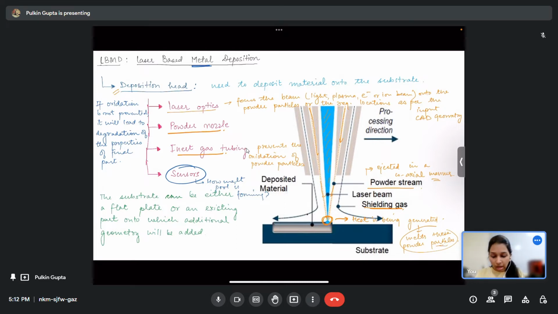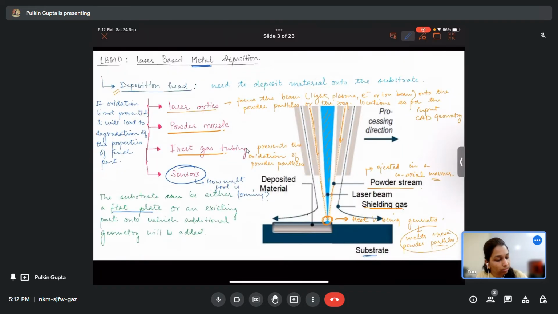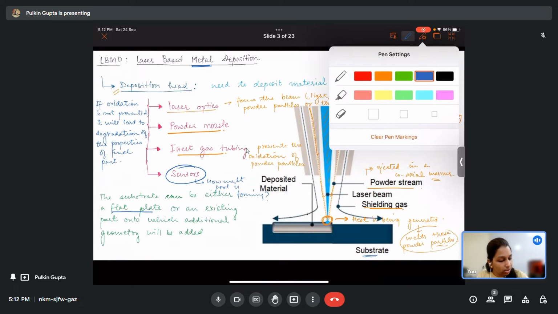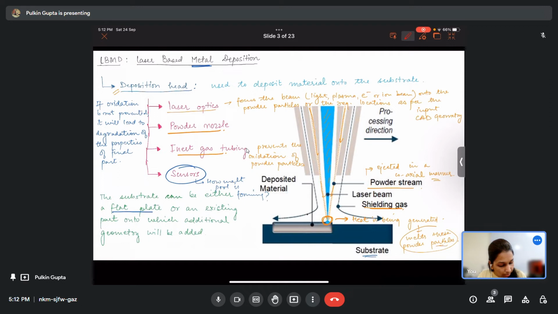Okay. So now in this is the substrate. So this substrate can either be a flat plate or an existing part onto which additional geometry will be added. For example, this is a pre-existing geometry. Okay, this red part.